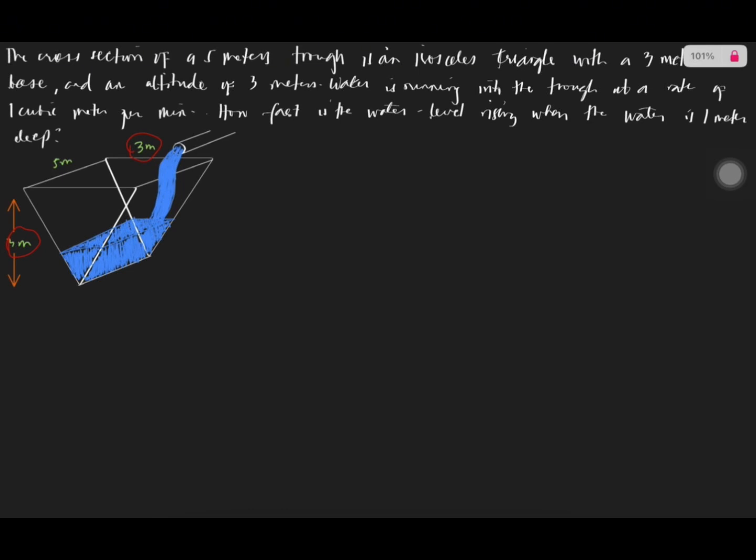So analyzing our problem, our trough has a triangular cross-section shaped like an isosceles triangle. Our base is 3 meters and our height is also 3 meters. The length of the trough is 5 meters. The water is being poured in at a constant rate of 1 cubic meter per minute.